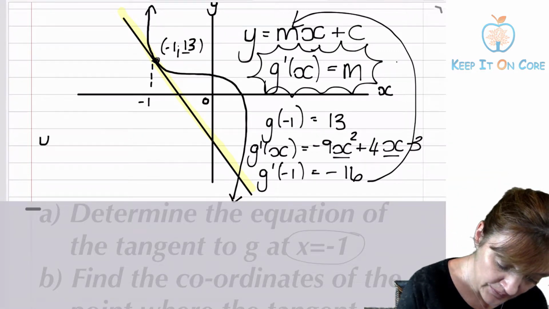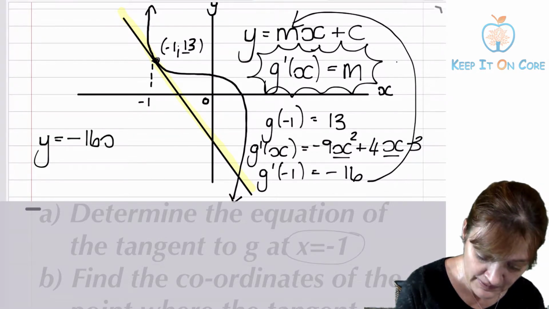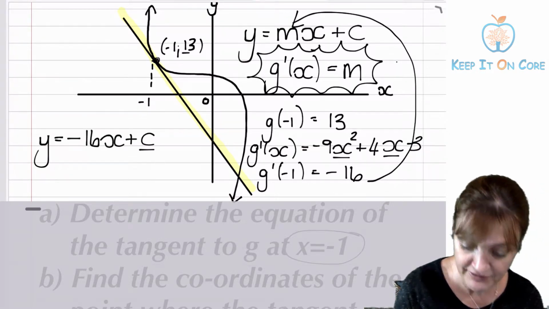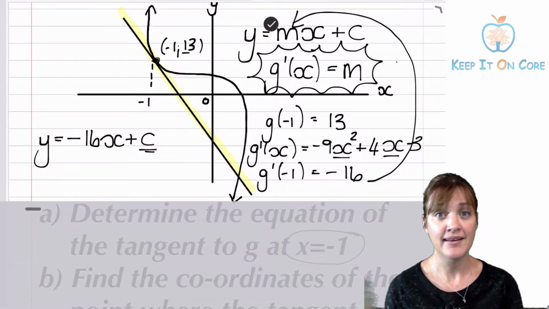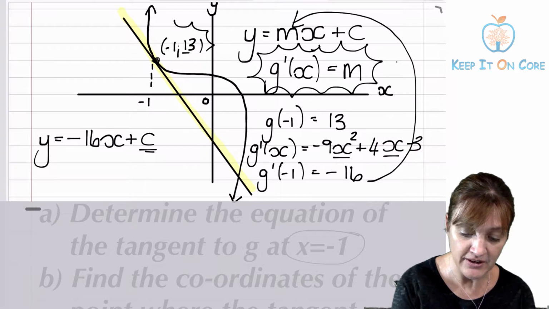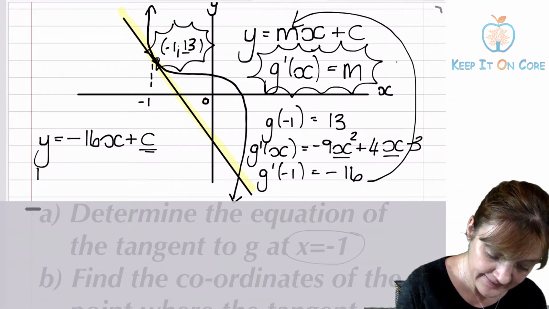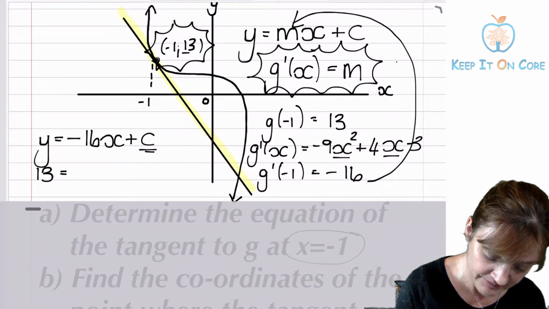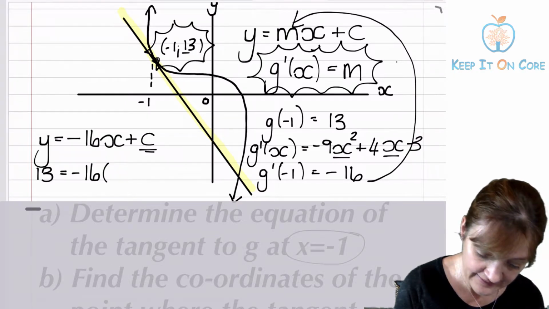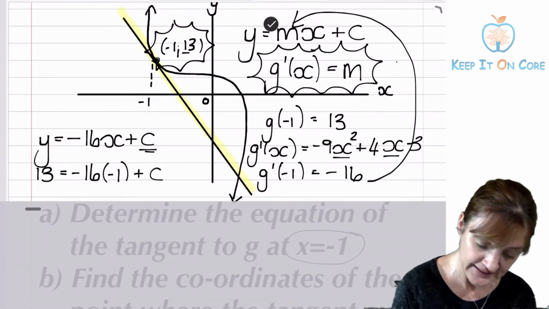So I now know that the equation of the tangent is y is equal to negative 16x plus c. We have to find my value for c. How are we going to do it? We use the point of contact, the point that it's touching. y gets substituted with 13, x gets substituted with negative 1, and we solve for c.